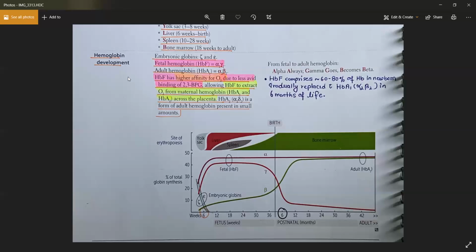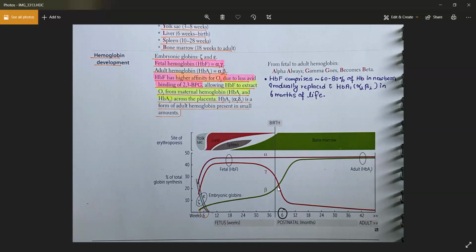Okay, initially at the time of embryonic life, it was alpha 2 and gamma 2. Soon after the birth, the gamma 2 will start decreasing, and the beta chain level will start rising. And after the 6 weeks, the beta chain will be the predominant chain, and the gamma chain will be very much reduced.